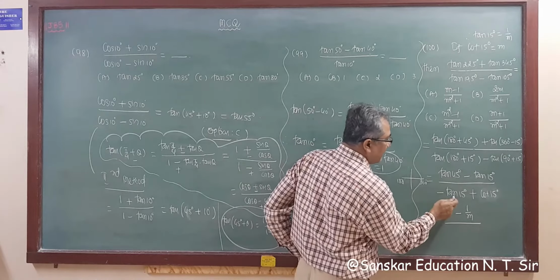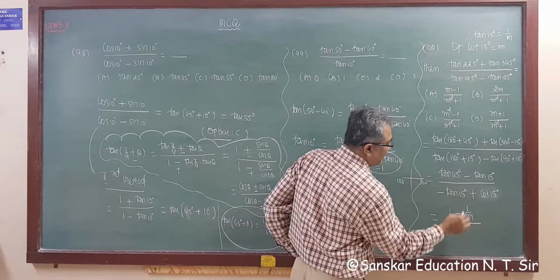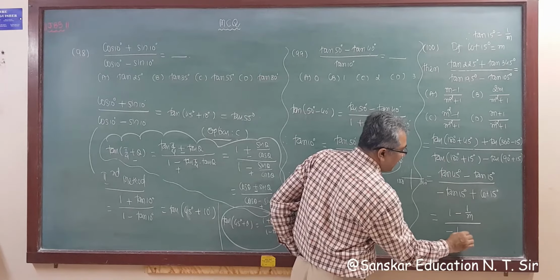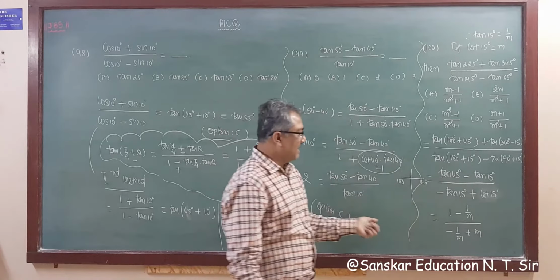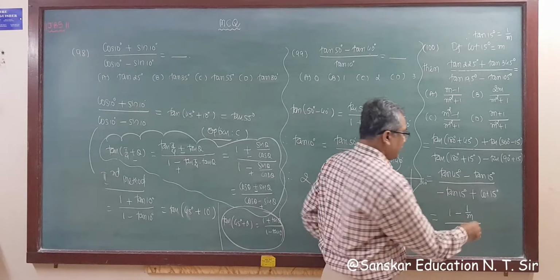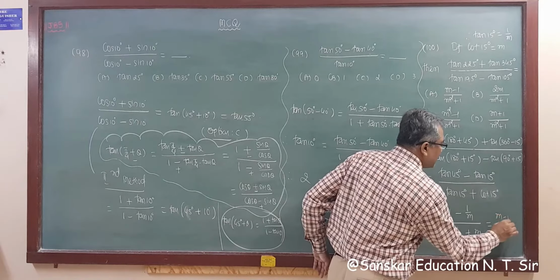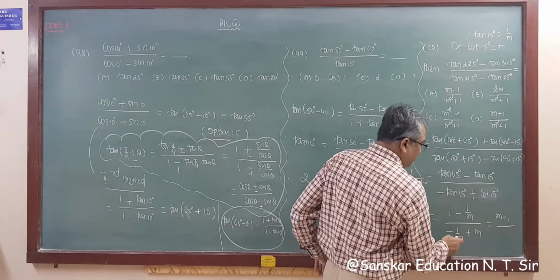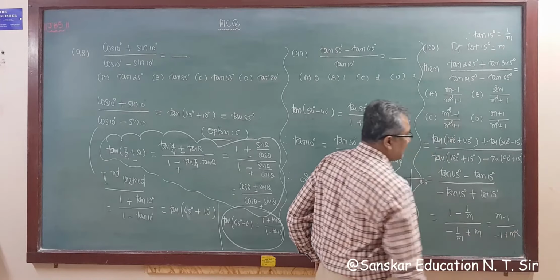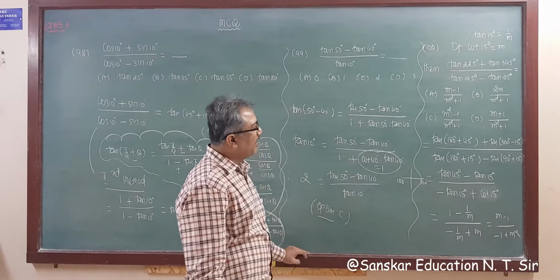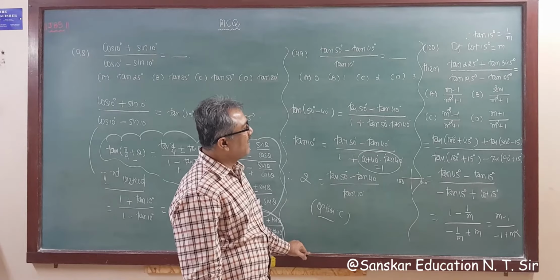Minus tan 15 is 1 upon m, and cot 15 is m. So after simplifying this, m is the LCM, so we will get, what do we get? m minus 1 upon m into m square. So minus 1 plus m square. That is m minus 1 upon m square minus 1.